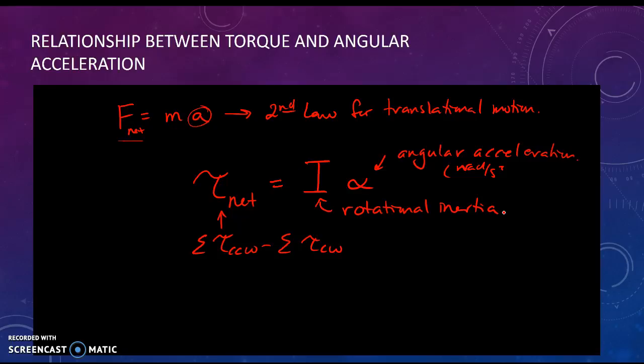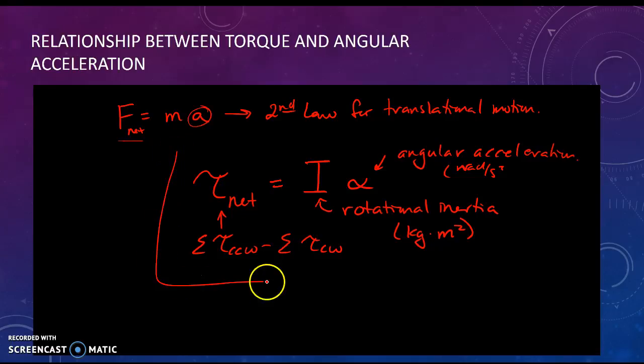The units of rotational inertia will be kilograms, which is the unit of mass, times meters squared. To see where it comes out, we have to look at the different equations for rotational inertia that different shaped objects have, which we'll get to in just a sec.